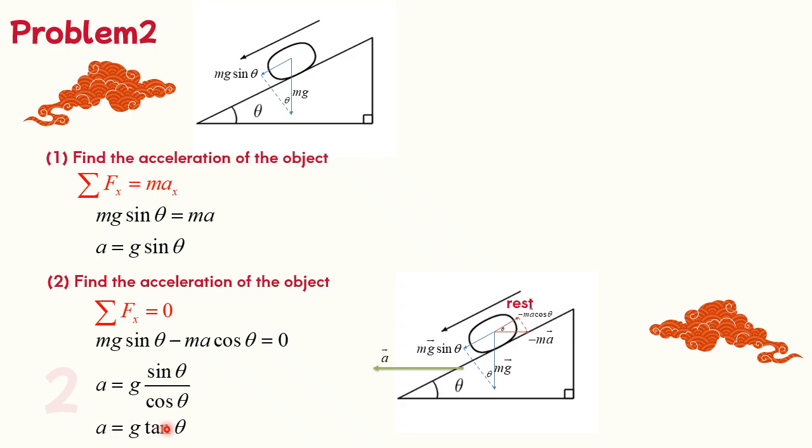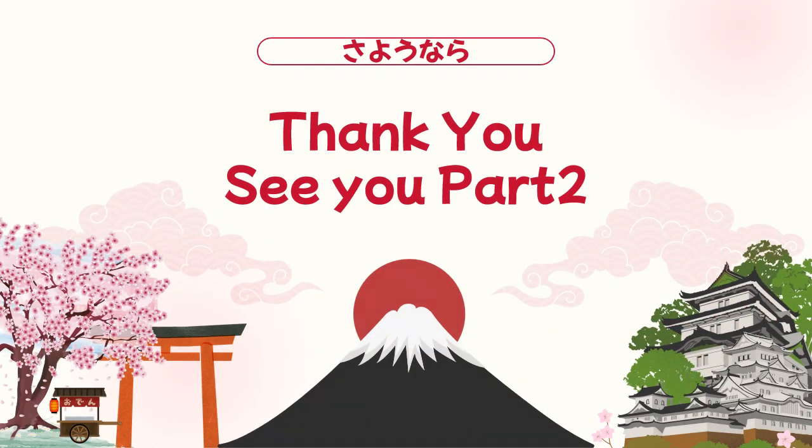Sine over cosine becomes tangent theta. So a is equal to g tangent theta. This is the end of the video. Thank you and see you in part 2.